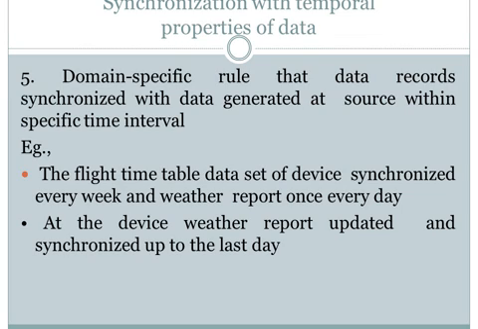It depends on the domain. As a best example, flight timetables can be synchronized every week. A client can synchronize with the flight timetables every week, and it would be sufficient.